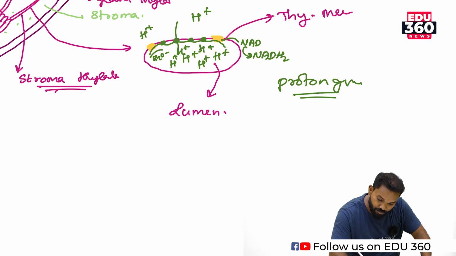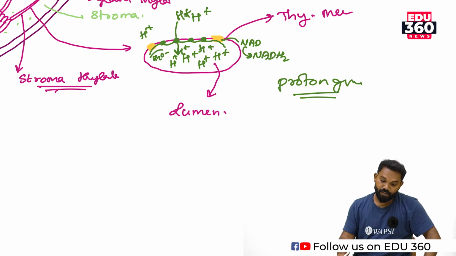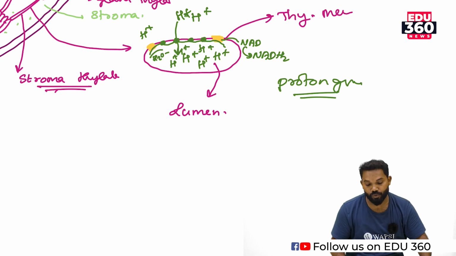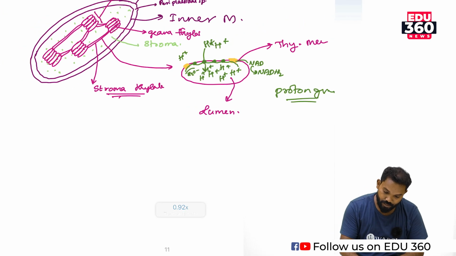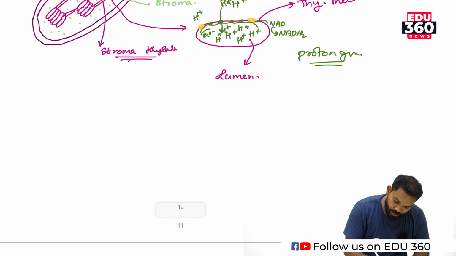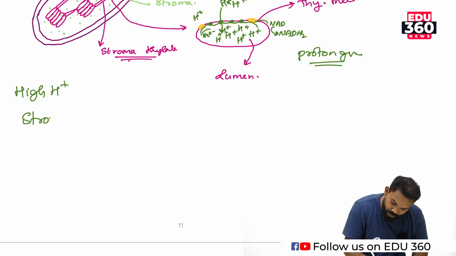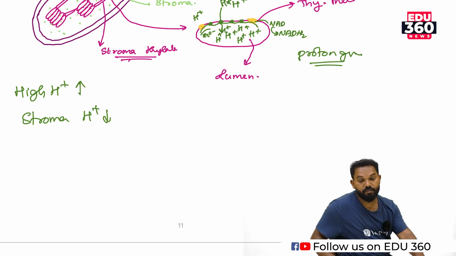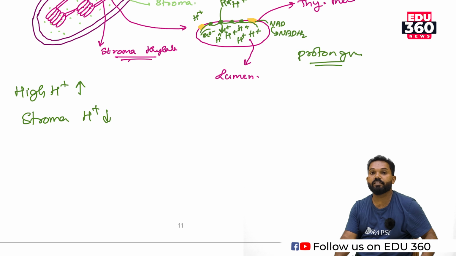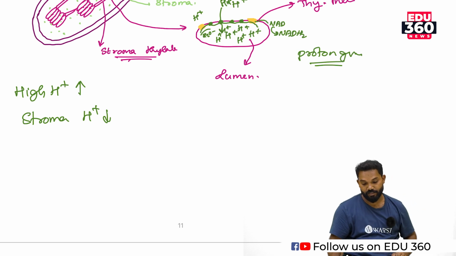It passes H plus ions from the stroma region to the thylakoid lumen. So the thylakoid lumen has a high H plus concentration, while outside the thylakoid membrane, in the stroma region, there is less H plus concentration.